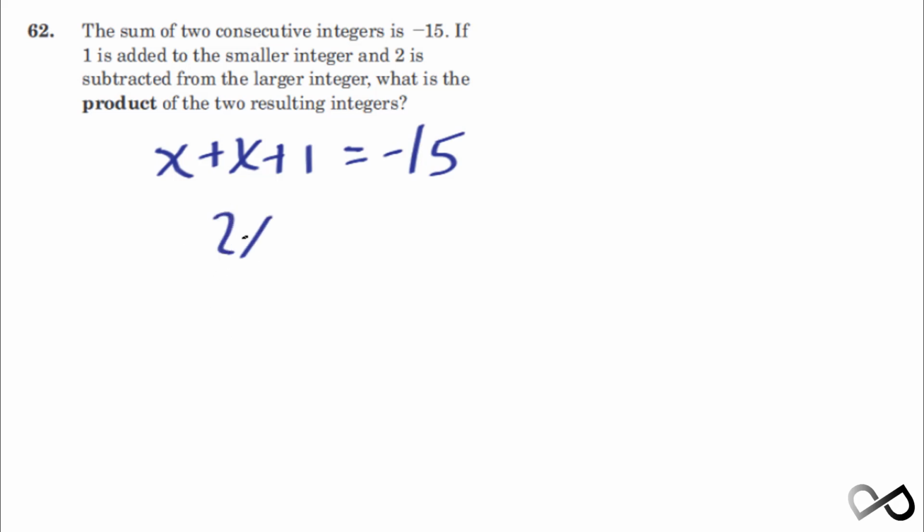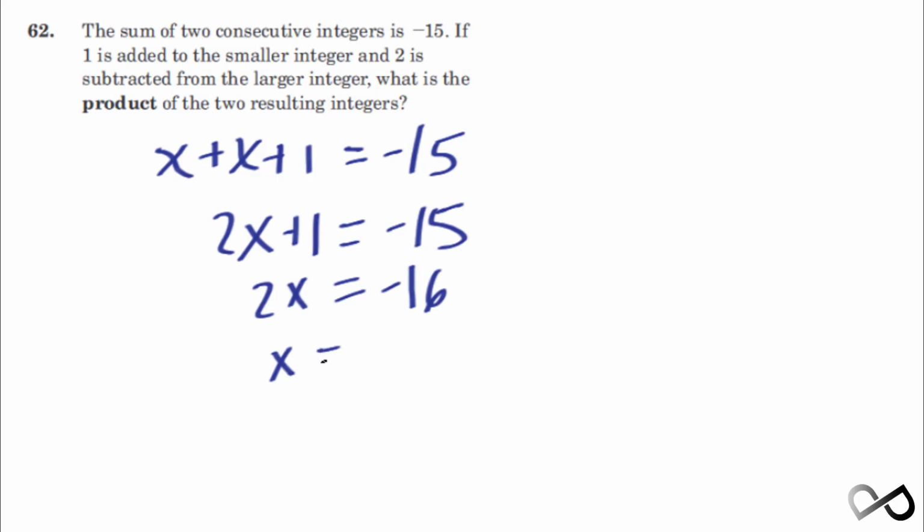And we're going to get 2x plus 1, which is negative 15. We're going to subtract 1 on both sides to give us 2x equals negative 16. Solve for x by dividing by 2 on both sides. And we're going to get x is negative 8.